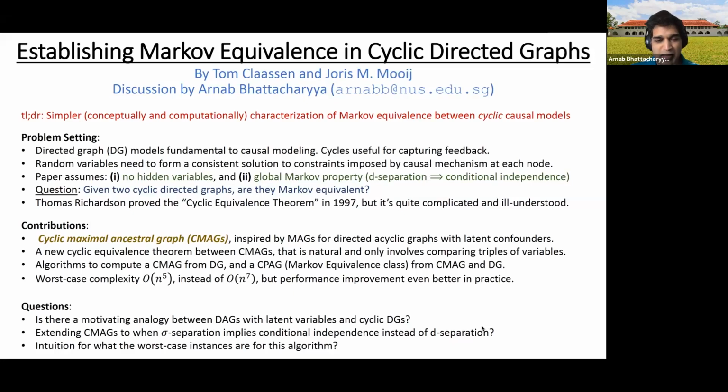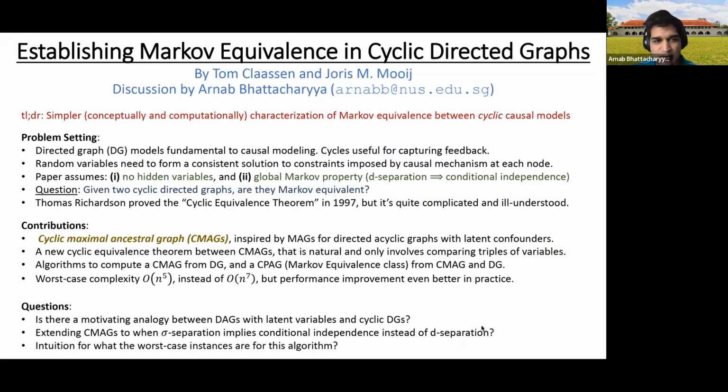From my understanding, it brings non-local information into local information, so that the equivalence theorem between CMAGs only involves looking at local tests involving triples of variables instead of long paths.